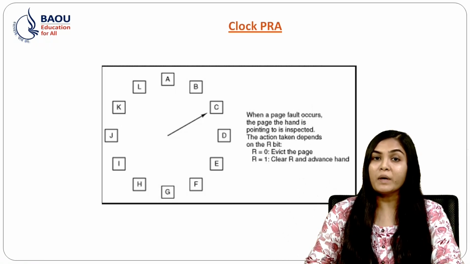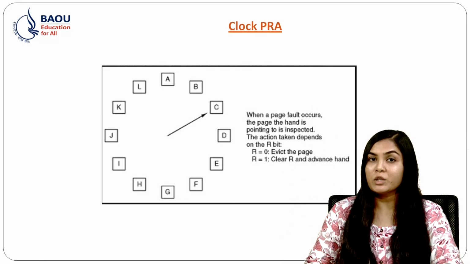If that page's R bit is 0, it means the page was not used recently. So it is replaced with the new page and the pointer moves ahead. If the R bit is 1, it means that the page was used recently. So the bit is changed to 0 and the pointer moves to the next page.